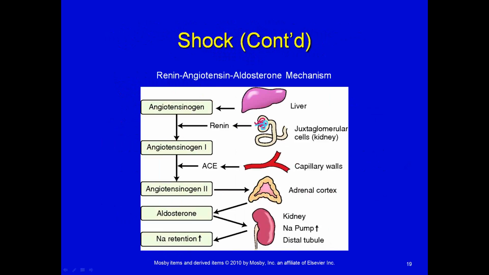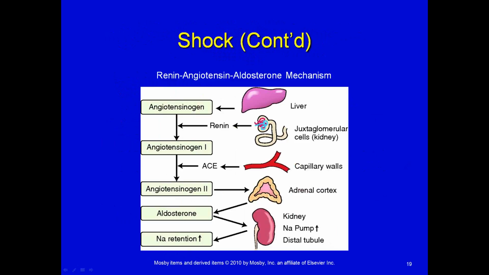With the renin-angiotensin-aldosterone mechanism, the kidney and the liver release angiotensin and renin. The combination of angiotensin and renin make a substance known as angiotensin 1.